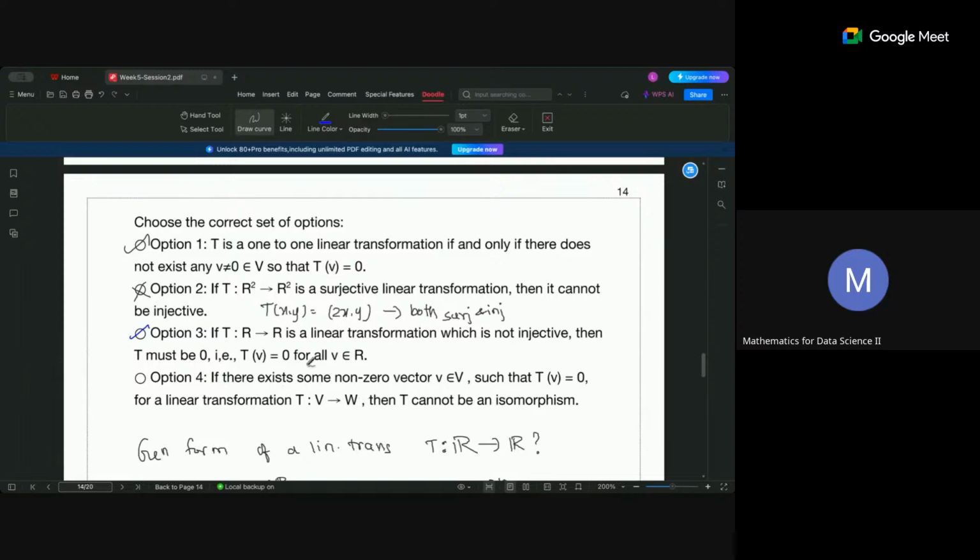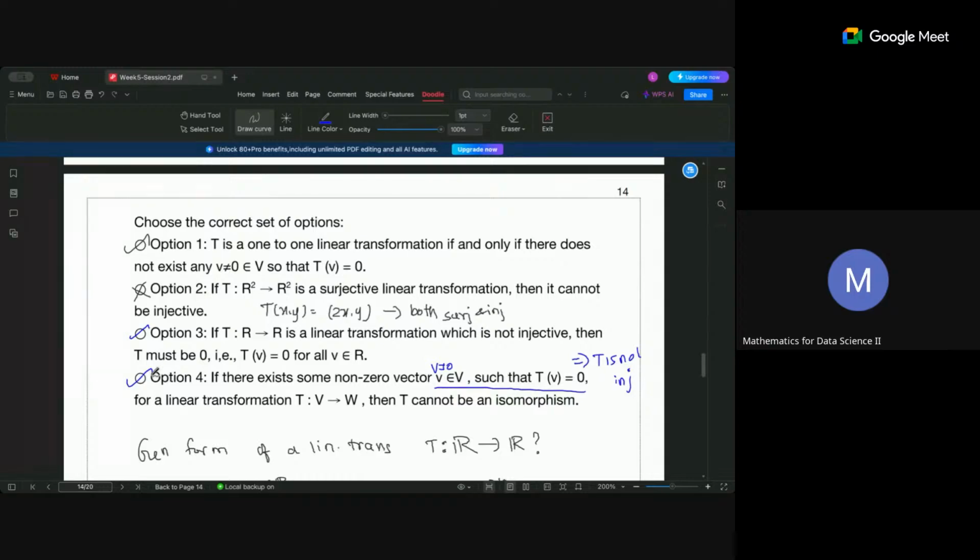What does the first statement tell you? It implies T is not injective. If T is not injective, it cannot be an isomorphism. So it is correct.